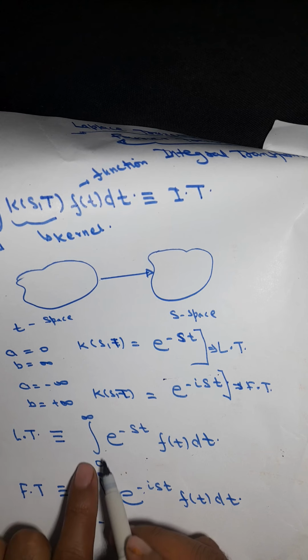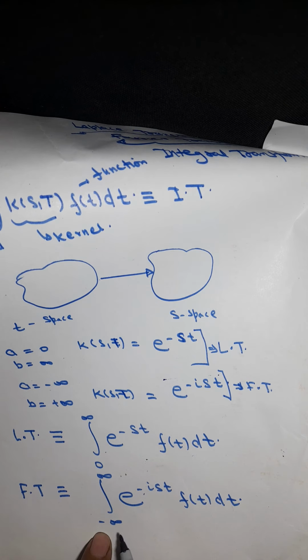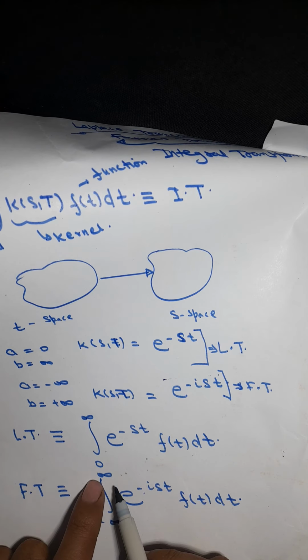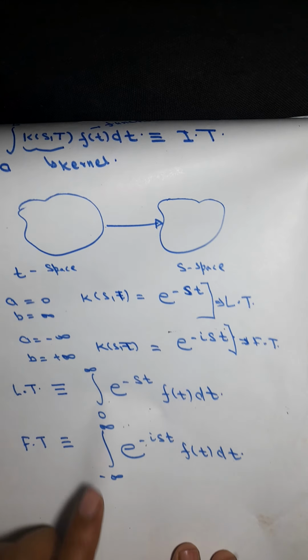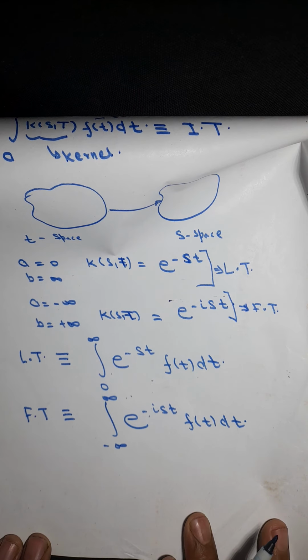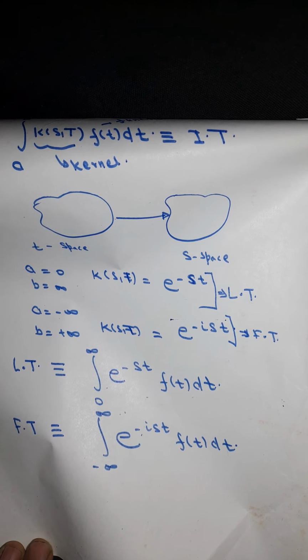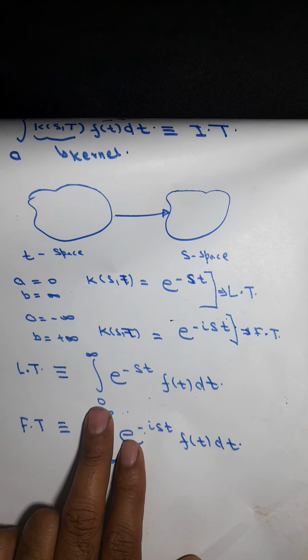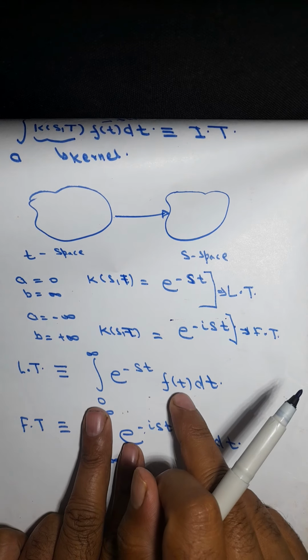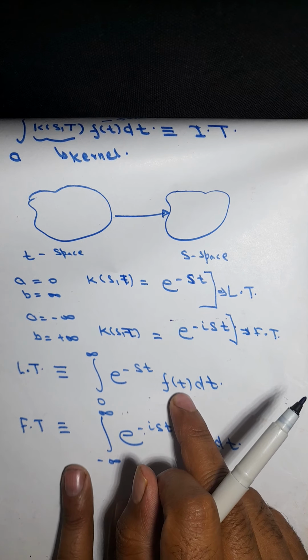So this is going from 0 to infinity, and this is going from minus infinity to plus infinity. Okay, so how do we interpret this in real life? If you are doing some experiment in front of your eyes, and you start from something here, then you use a Laplace transformation.